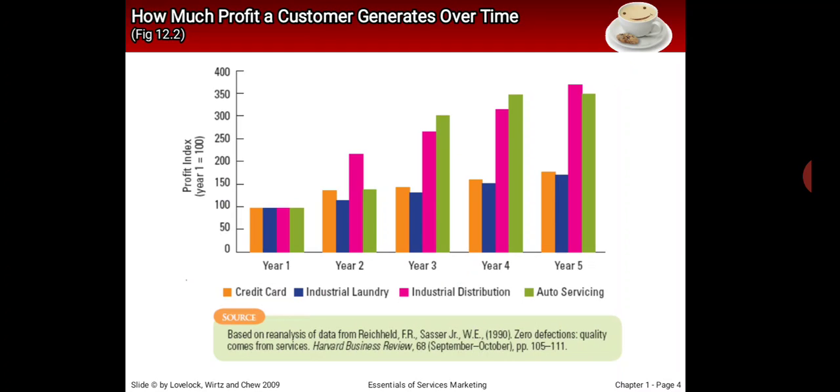In the fourth year, auto services and industrial distribution generate higher revenue in comparison to the other two. And in the fifth year, also auto services and industrial distribution generate higher profit. So the graph shows how you are able to generate profit from your customer over a period of time.